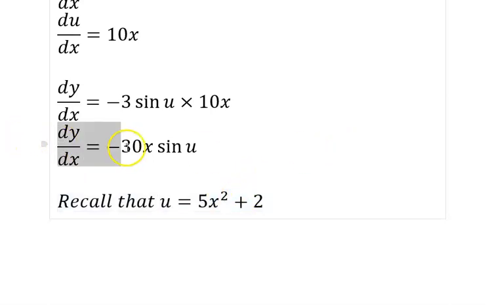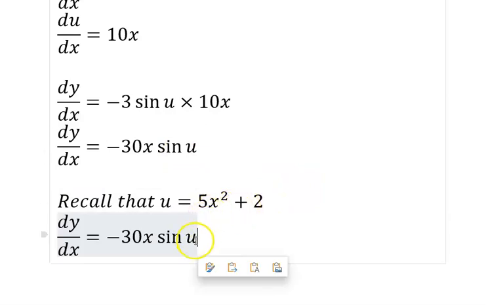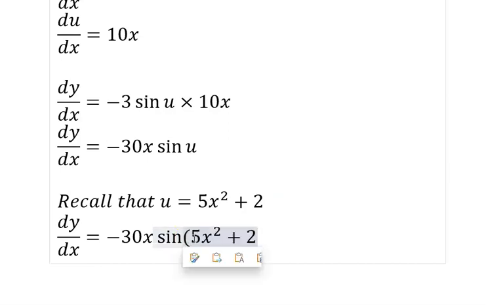So we insert 5x squared plus 2 into the value of our u. That means our u, which is 5x squared plus 2, has been inserted here. So our dy/dx will now be minus 30x sin(5x squared plus 2). So that's our final answer.